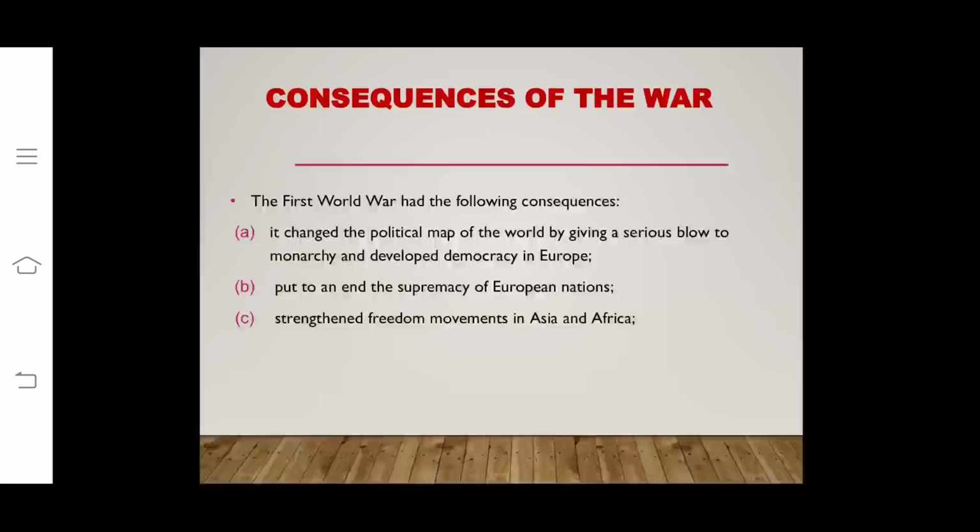Let us now discuss some of the consequences of this World War I. It changed the political map of the world. The war and the peace treaties transformed the political map, particularly of Europe. Three ruling dynasties were destroyed. These were the Romanov in Russia during the war itself, then the Hohenzollern in Germany, and the Habsburg in Austria-Hungary.